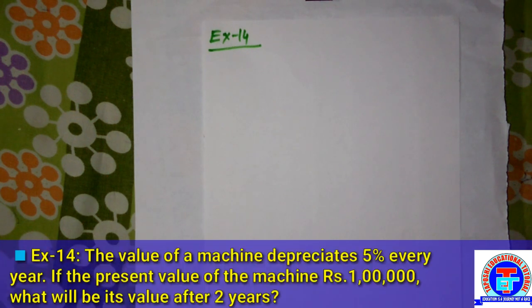Good morning, dear student. Here another problem number 14 regarding this percentage chapter. The problem is here, the value of a machine depreciates 5% every year. If the present value of the machine is rupees 1 lakh, what will be its value after 2 years? Right. So the problem is here.